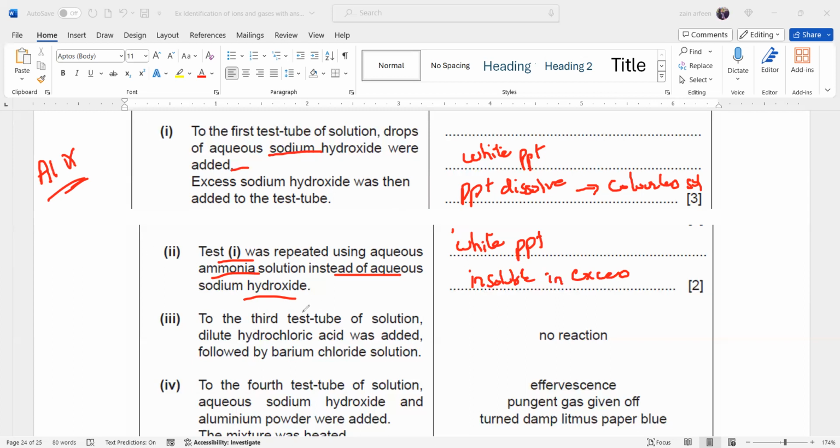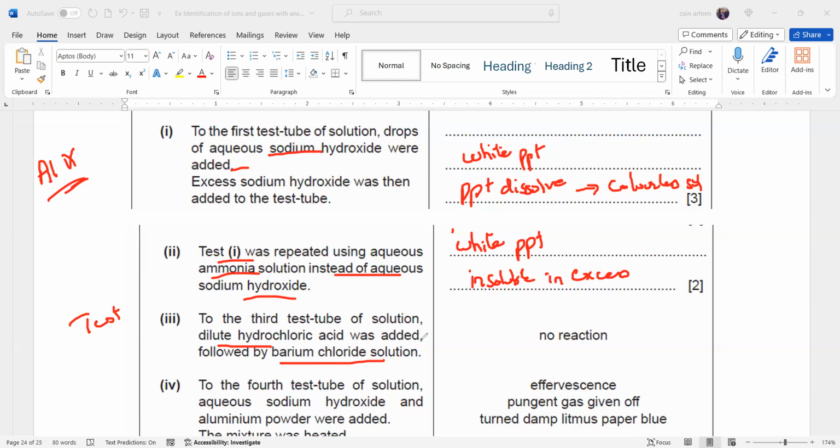To the third test tube, dilute hydrochloric acid followed by barium chloride was added. Which ion do we test when we add barium chloride or barium nitrate? Sulfate.